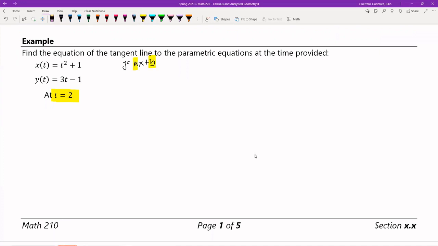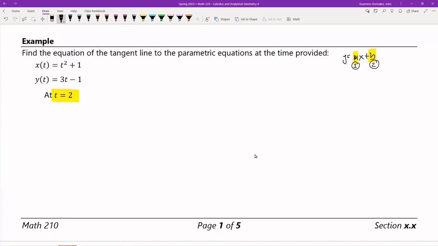The slope, if you remember, we ended up getting from our derivatives, so we'll save that for a little bit. And for b, once we had the slope, we needed a point to find our y-intercept. So that's what we're looking for right now.